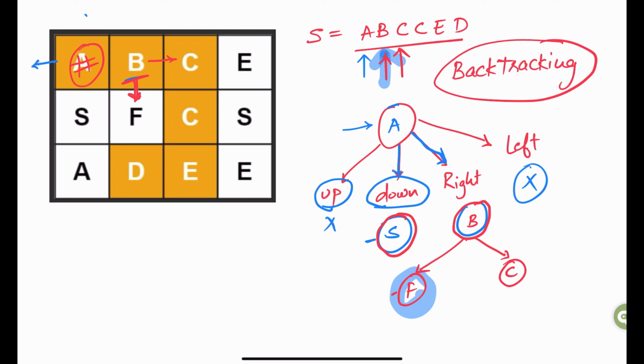In this case, the bottom character does not match, so we will not go in that direction and instead go towards the right side, which is C. In this way, we continue to traverse and build the tree while comparing the values at each depth. If the values match, we continue to go deeper, or else we backtrack from that point and try a different combination while making sure the characters match the input string.